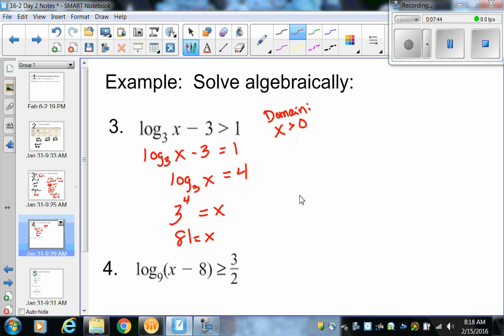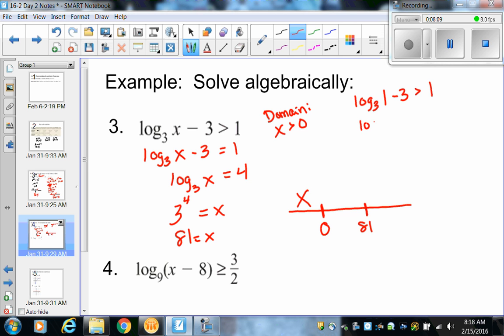So now on your number line, you're going to have 2 checkpoints. You're going to have the 0 and the 81. But we already know it can't be less than 0, so this is automatically going to be an x. So if I pick a number between 0 and 81, 1. So we'd have the log base 3 of 1 minus 3, is that greater than 1?